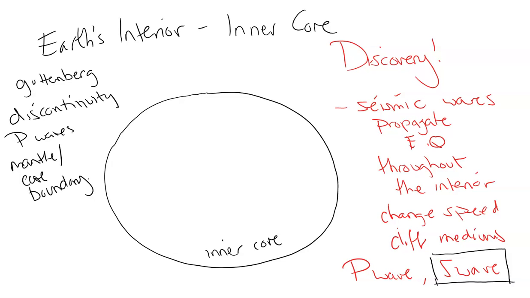So it gets slower by 40% as it goes through this different medium. And S waves are completely blocked from entering the outer core.